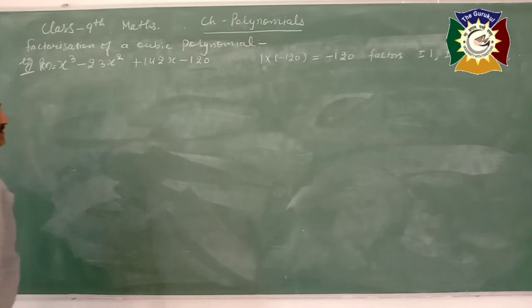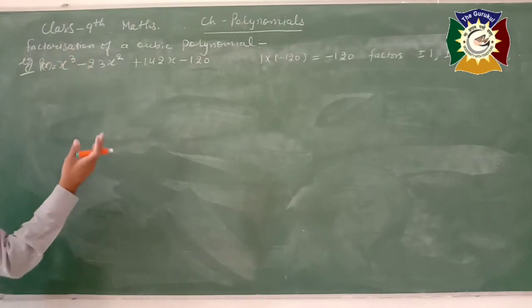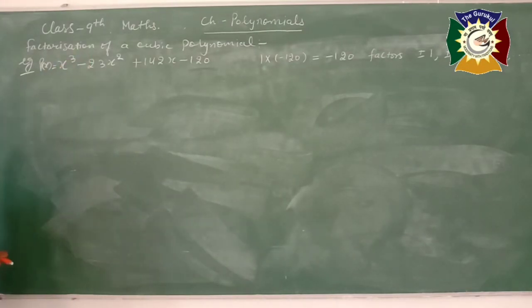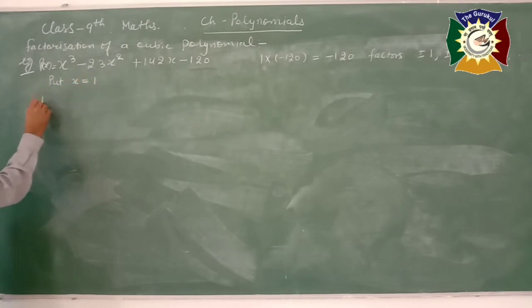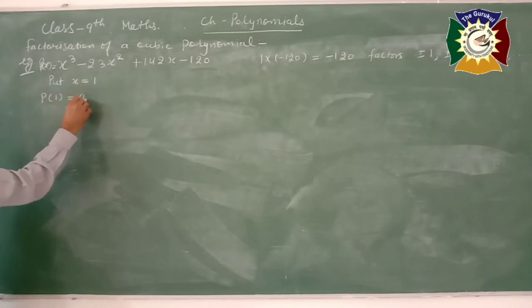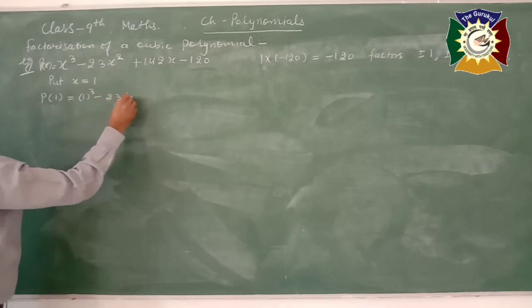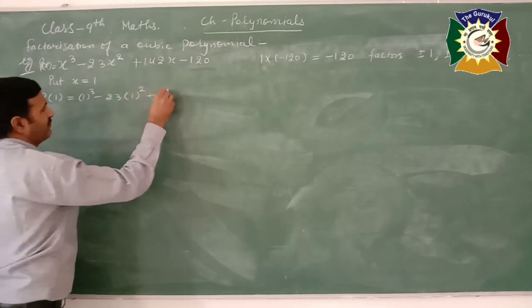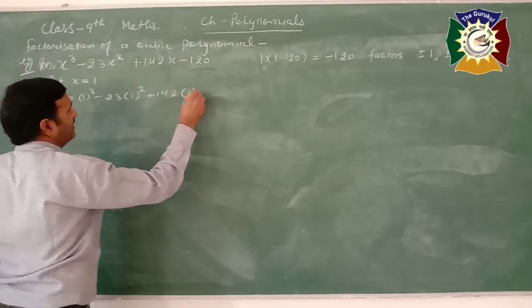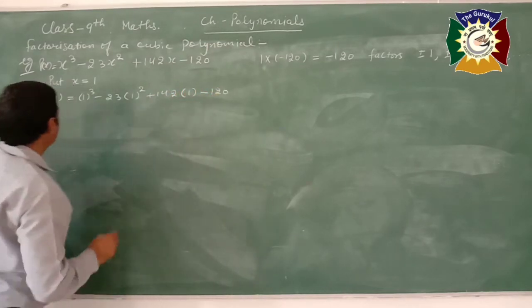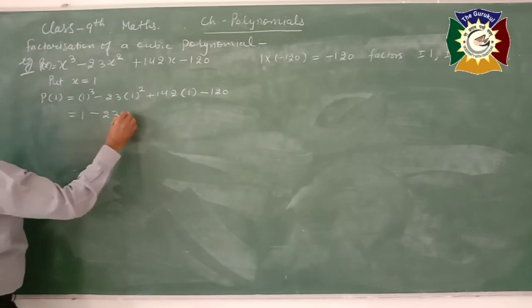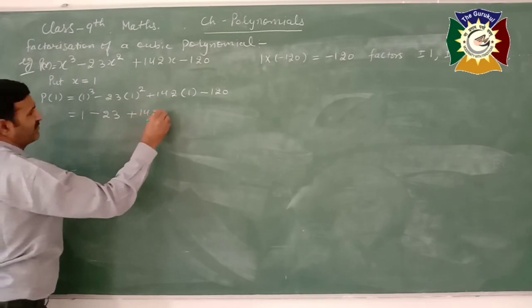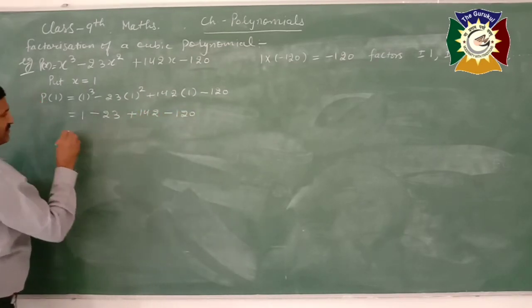Now we will check whether any factor out of those will make the value of the polynomial 0 or not. First case, put x is equal to 1 in the given polynomial. 1 cube minus 23 into 1 square plus 142 into 1 minus 120. 1 cube is 1, 23 into 1 square is 23, plus 142 ones are 142, minus 120.